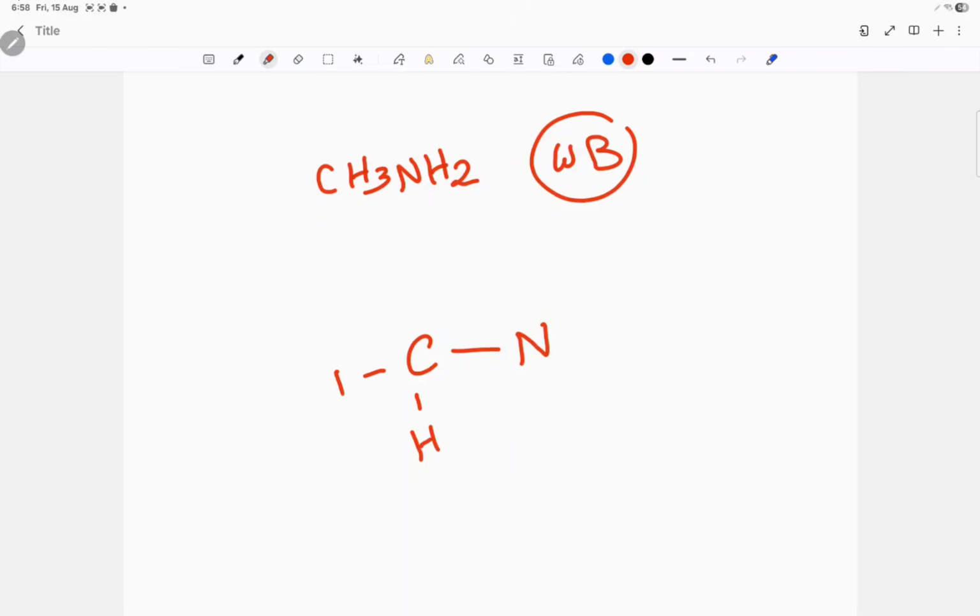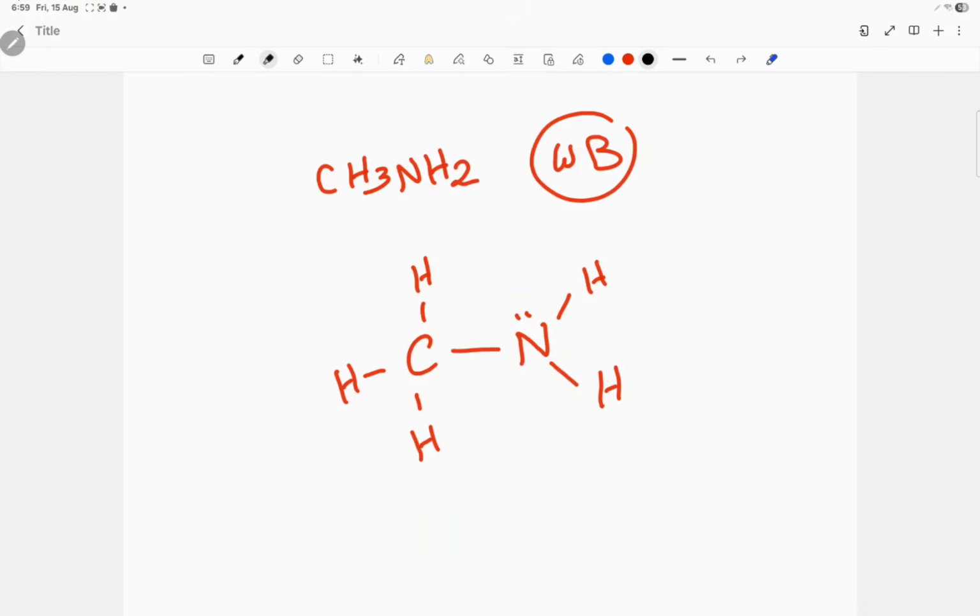So 1, 2, 3, 1, 2. Just have to think, N has how many valence electrons? 5 valence electrons, so 2 dots. A dot here, a dot here, and then there are two more dots for the N. N has 5 valence electrons, correct? 1, 2, 3, 4, 5.